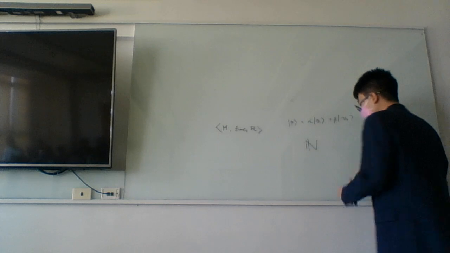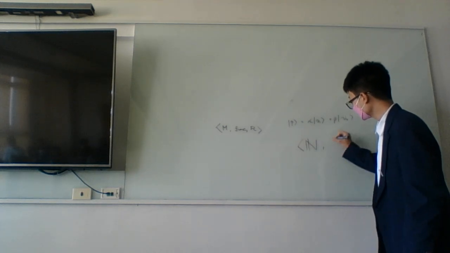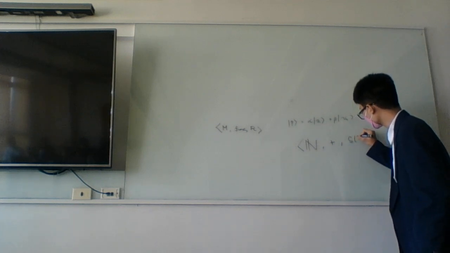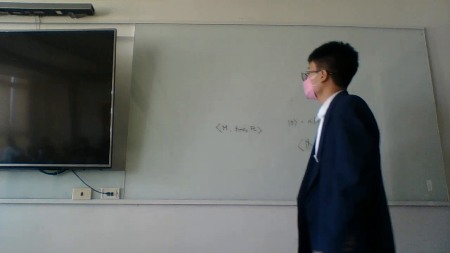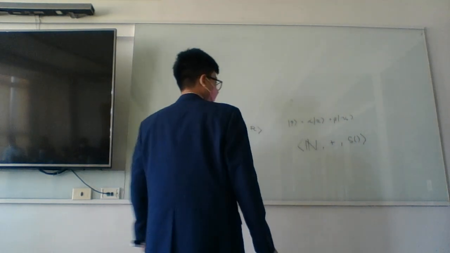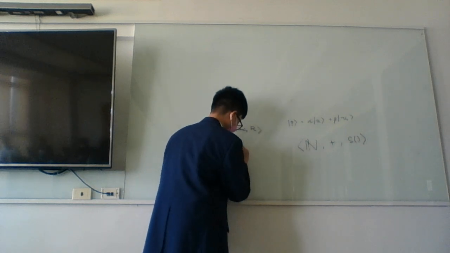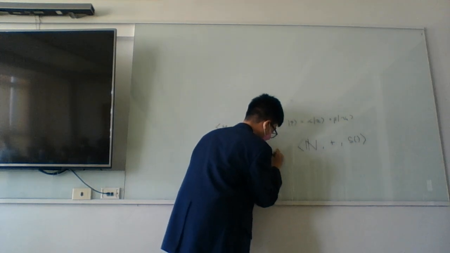And so really what we're doing is constructing N, or this structure, with addition and a special operator S, which is the successor function. Of course the addition operator is a binary operator that takes inputs from N and then outputs another natural number.